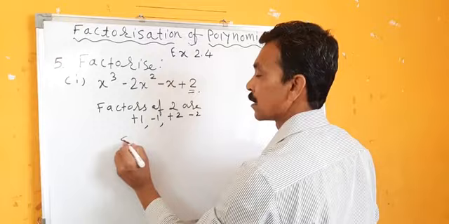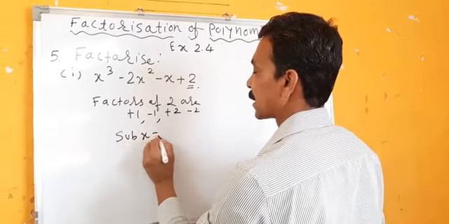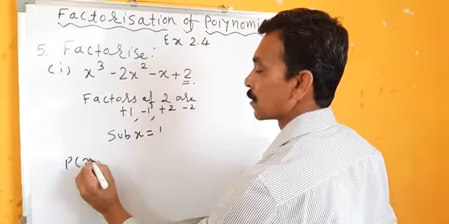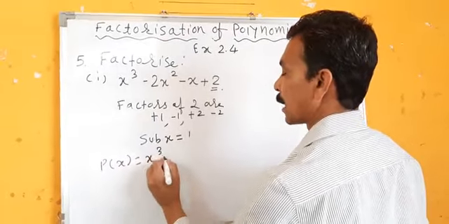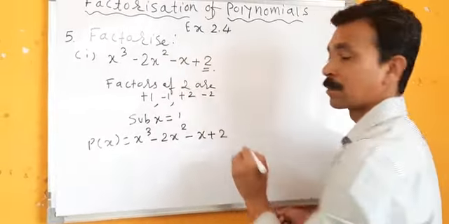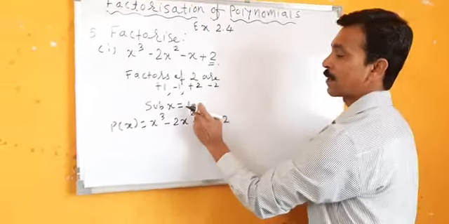I will write here. Substitute x is equal to 1. P of x is equal to x cube minus 2x square minus x plus 2. What is the value of x? 1.